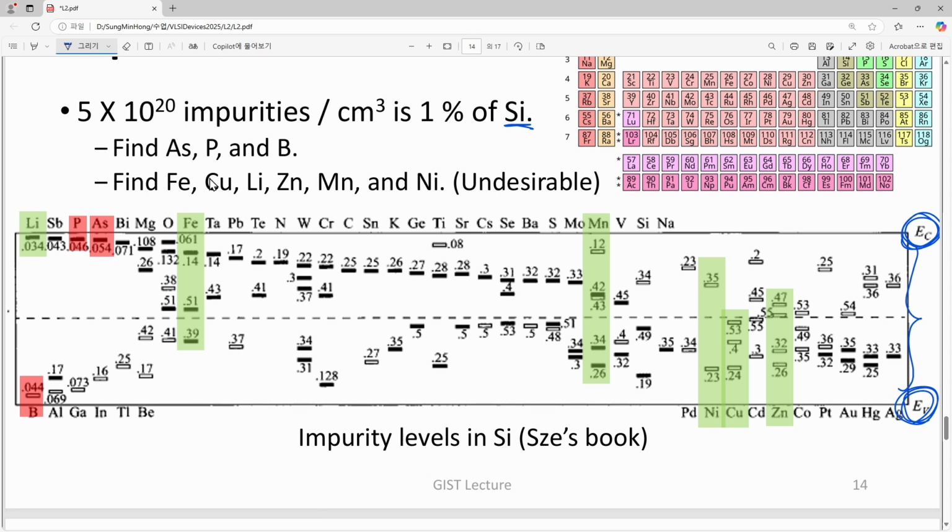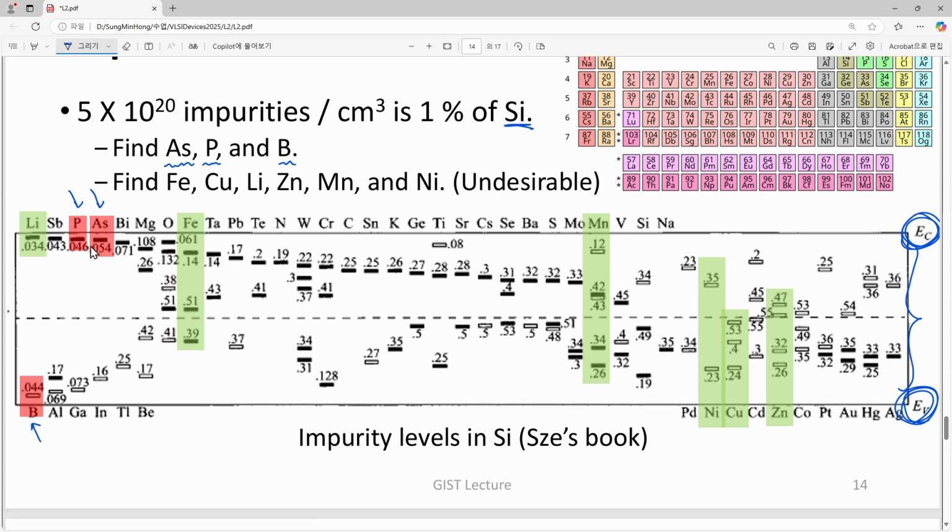For example, we know some impurities widely used in manufacturing: arsenic, phosphorus, and boron. Please find them in this list.